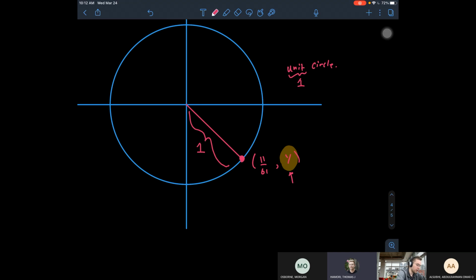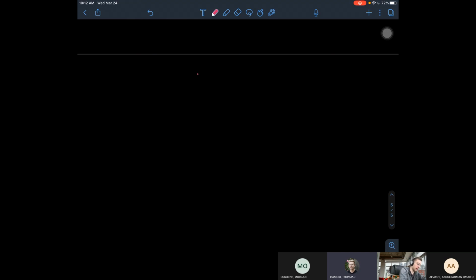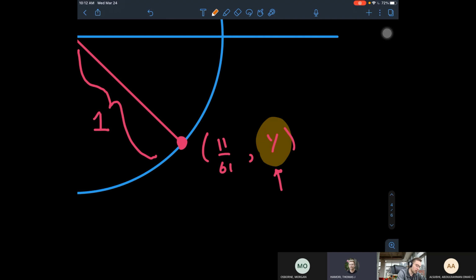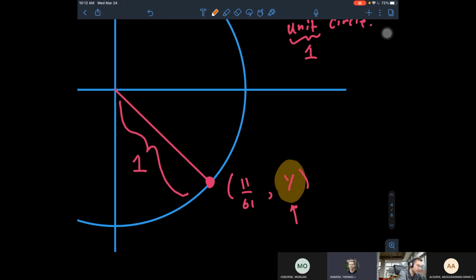Well, if I have a point x, y in the plane, the way I get there is I walk x units to the right and then y units up and down, right? So let's imagine if this is the point 11 over 61 comma y, what I would do first is I would walk 11 over 61 units to the right, and then I would walk y units down.